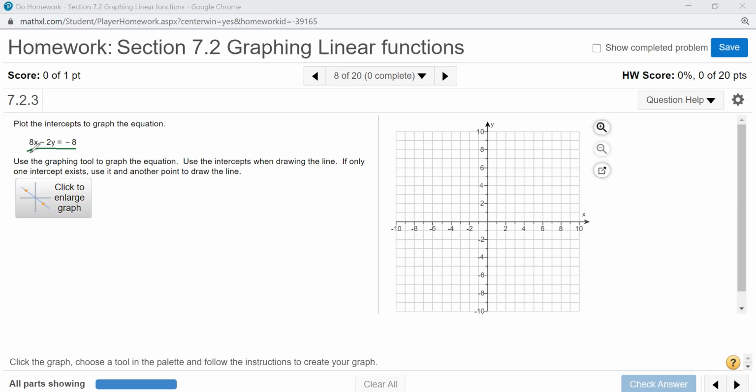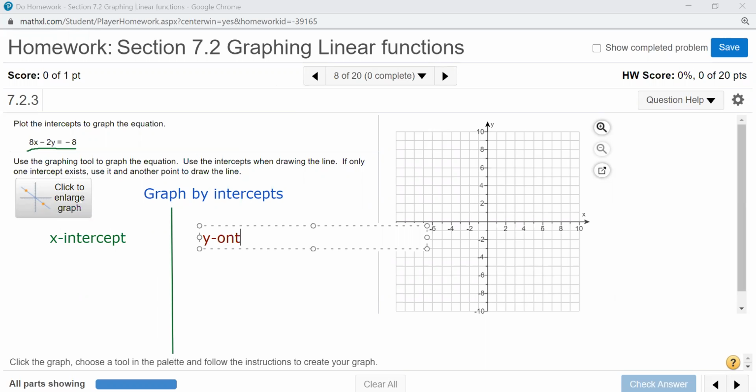So whenever you have it written in the standard form, normally you want to graph by intercepts. What you want to do, you want to get the x-intercept. You also want to get that beautiful y-intercept.